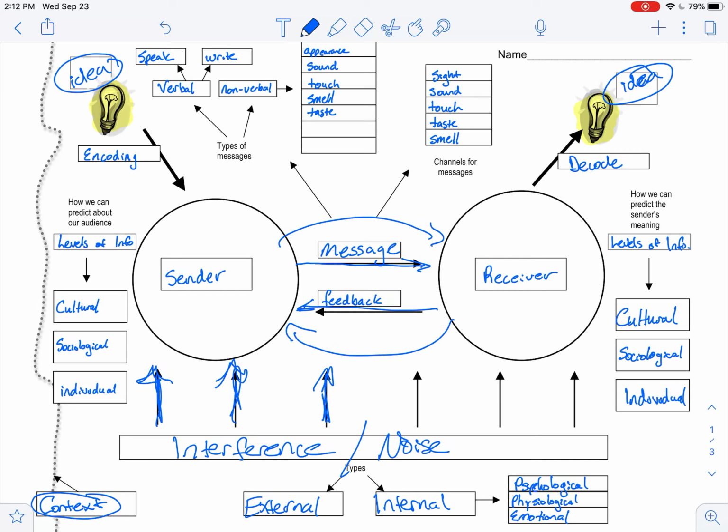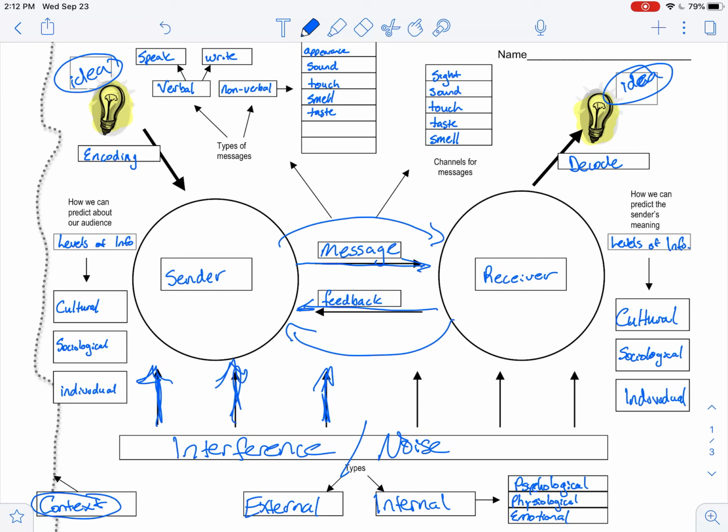Let's say you're at work, right? And somebody says, hey, I need your phone number. And you're like, okay, why? And they say, well, in case I have to call you if I'm going to be late or something like that, right? That contextually is generally okay. If you go to a social event and somebody's like, hey, let me have your number, does that mean something different based on context?